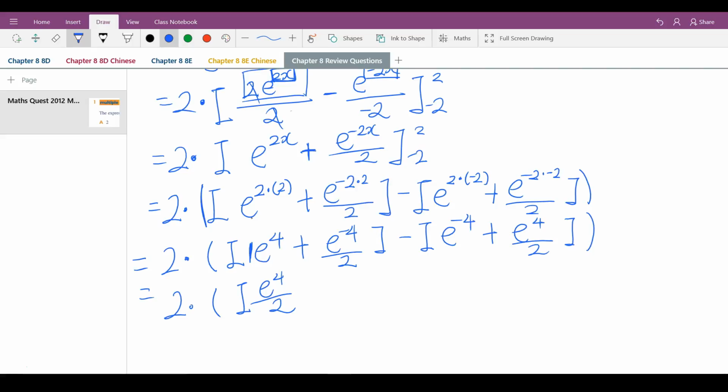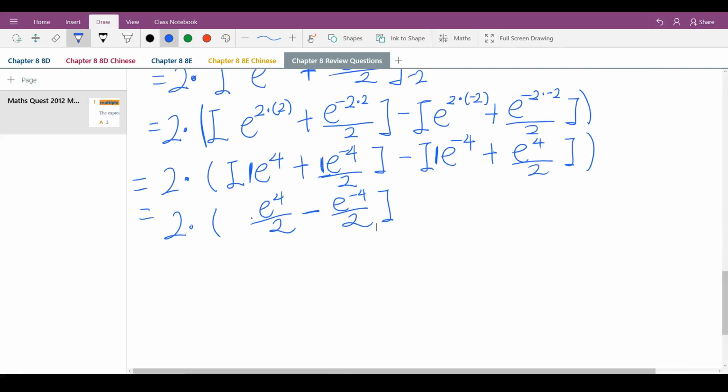Oh, I shouldn't put a bracket here anymore because we're expanding it. And then we got e to the power of negative 4 on 2 minus e to the power of negative 4. So we got a half, right? A half minus 1. So what we get is negative half. Just like that.